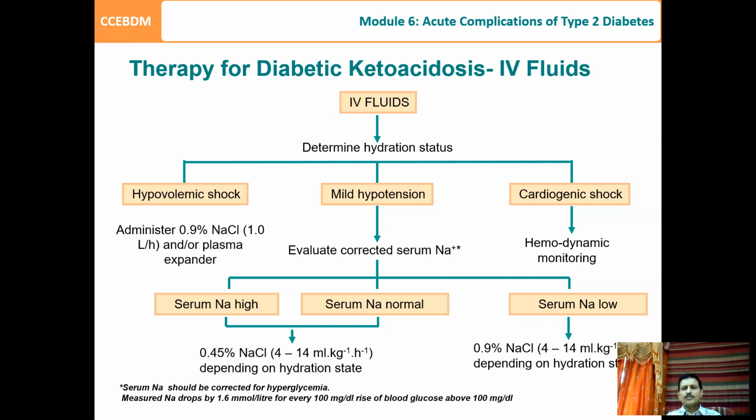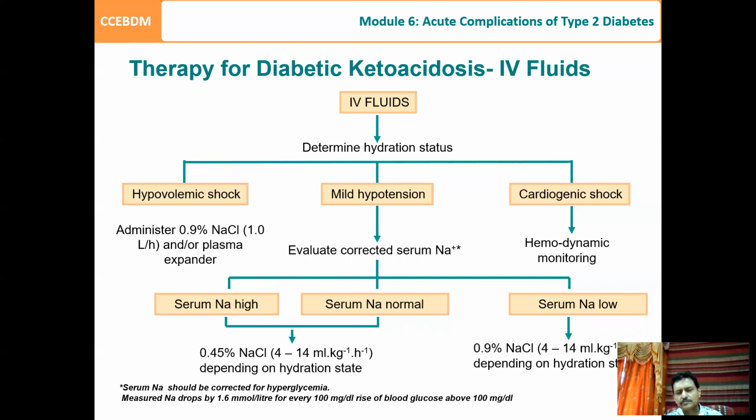Why? Because these patients are actually in a relative starvation state. The patient has a lot of glucose outside, but the cells are starving. They have not received the glucose. Once you have given the insulin infusion, the glucose will enter the cell and can be utilized.